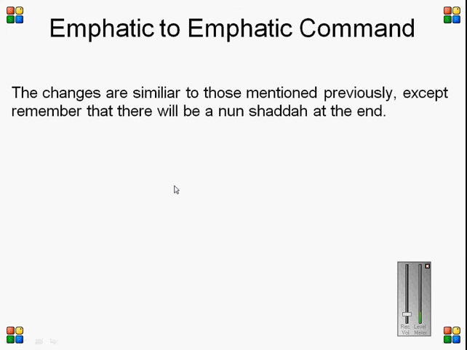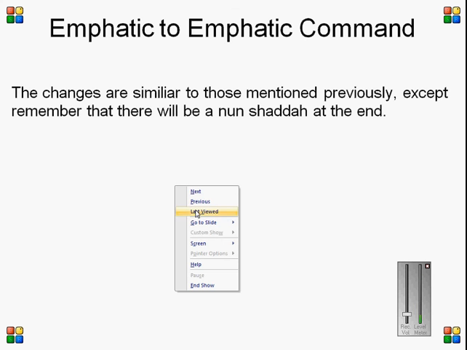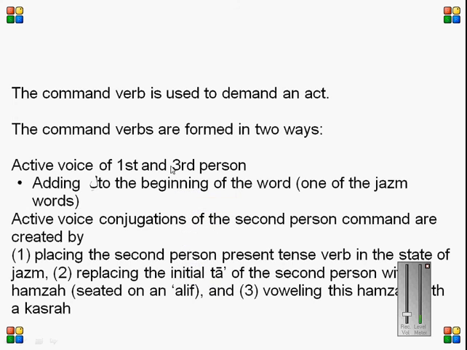Now, to go from the emphatic to the emphatic command, the changes are similar to those mentioned previously, and by those I'm referring to these. Basically, for the first and third person emphatic command, you throw out the lam with a fatha, and you put the li in there.